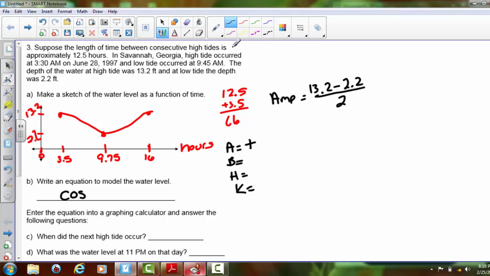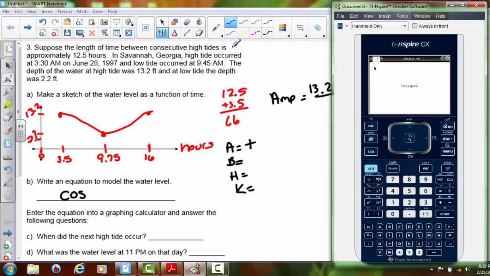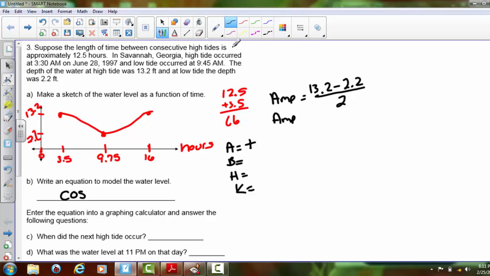So 13.2 take away 2.2, and then divide that by 2, and we have 5.5. So the amplitude is 5.5, and so our A value is 5.5.